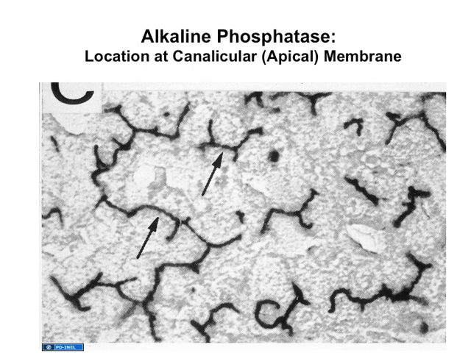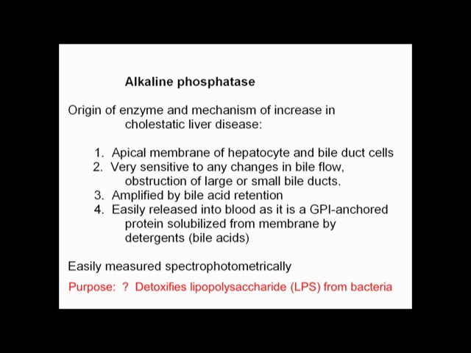So alkaline phosphatase is actually a membrane protein. It's on the canalicular membrane. And so you see these squiggly little lines of the stained alkaline phosphatase between the hepatocytes, whereas here is a sinusoid. And it's an apical membrane protein.